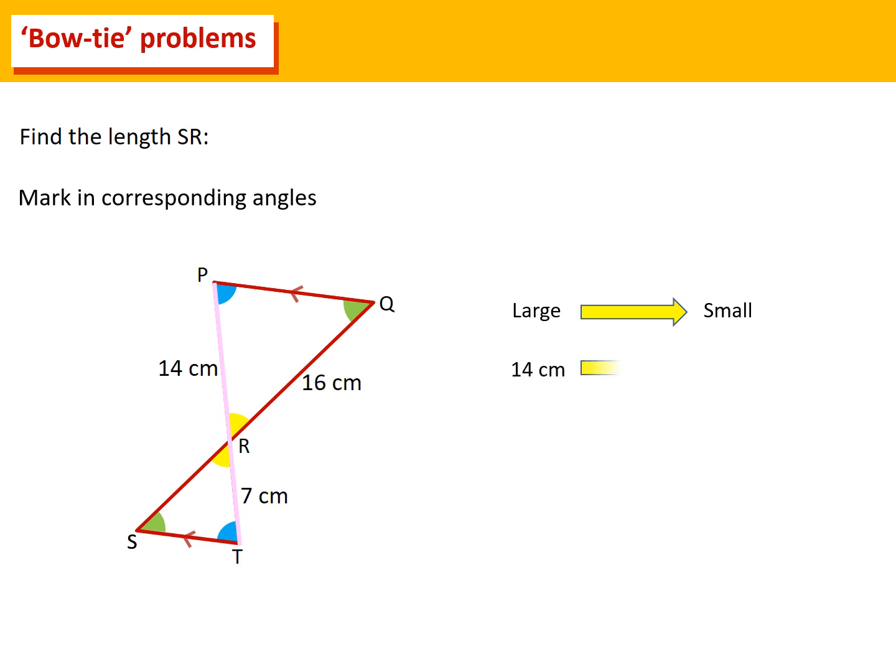Well, as I said, the 14 centimeters corresponds to the 7 centimeters, so that's a scale factor of a half. Then if we join Q to S, remember QR is corresponding to RS, so the 16 centimeters corresponds to SR or RS. So 16 times 0.5 will give us SR.